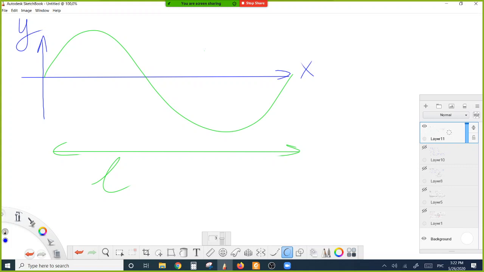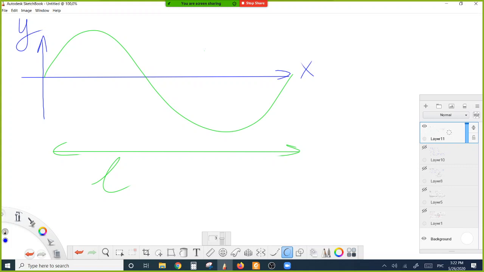When you pluck the string of a guitar, it starts moving from side to side and generates a sound wave. Well, there are in fact two effects here. One is the motion of the string itself, which is a wave motion.